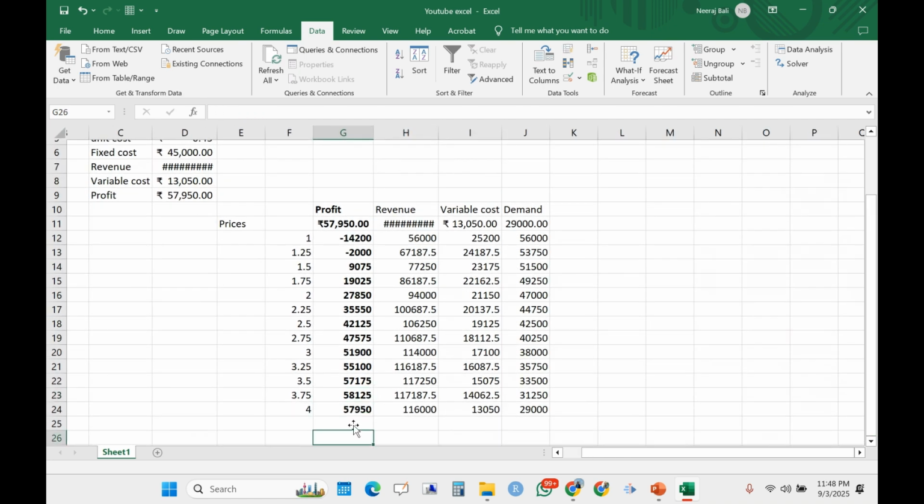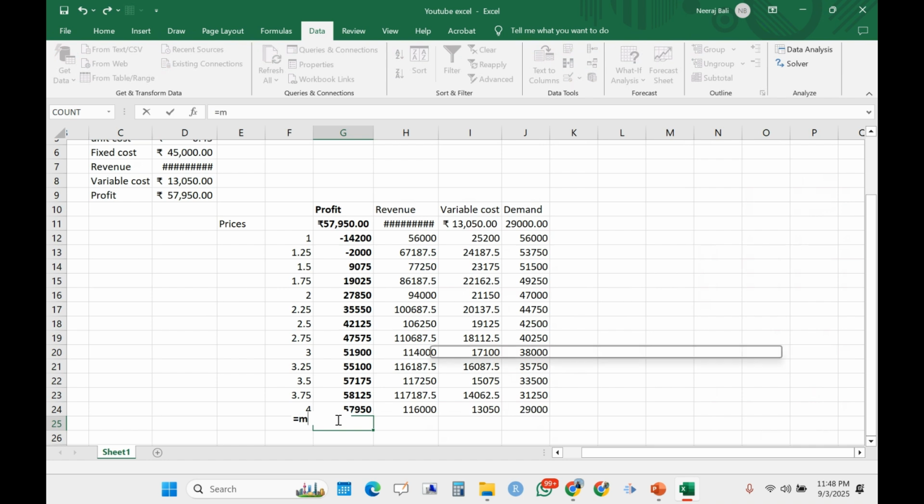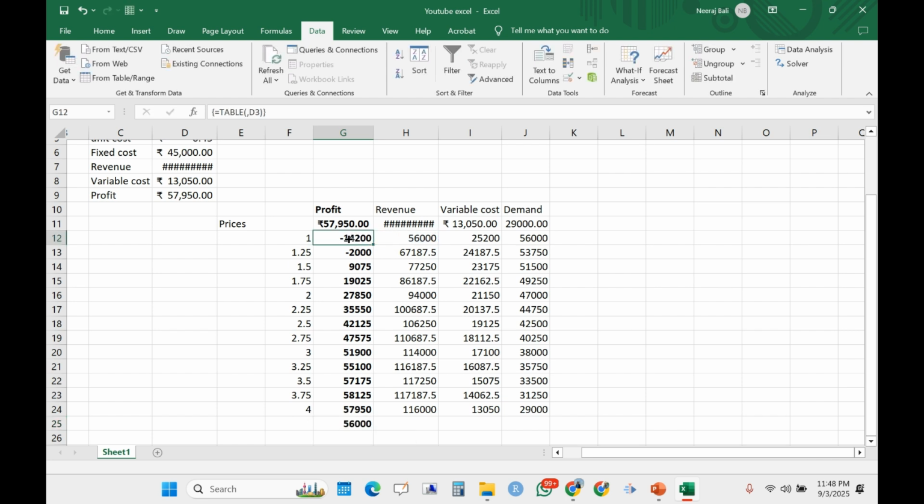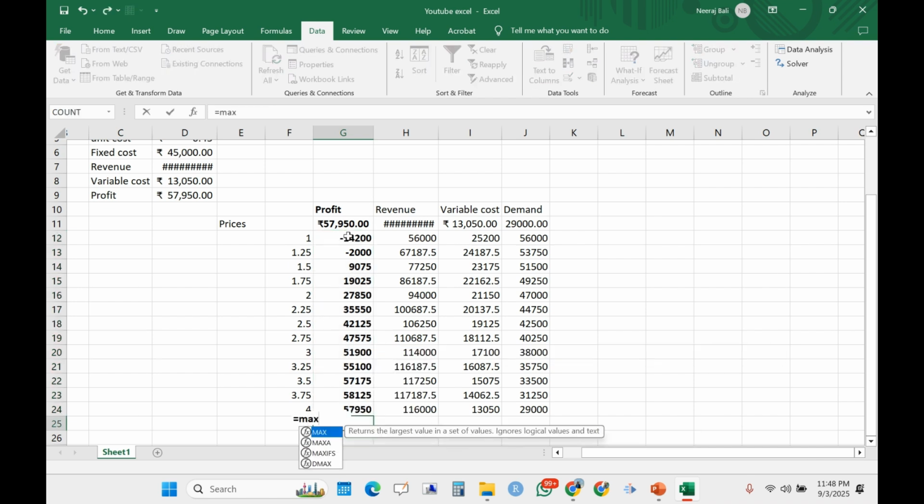How can we calculate the highest if you don't want to say the records are more? What you do is the max function, we know that. Maximum of what? Maximum of all this. Equal to max, sorry.